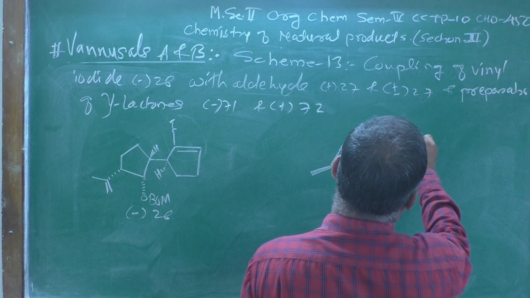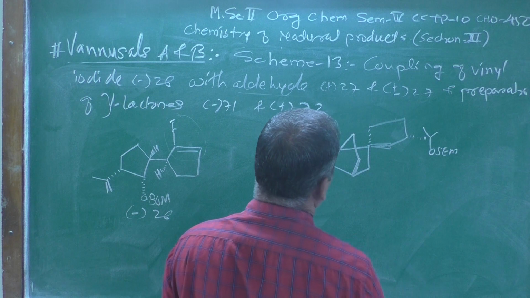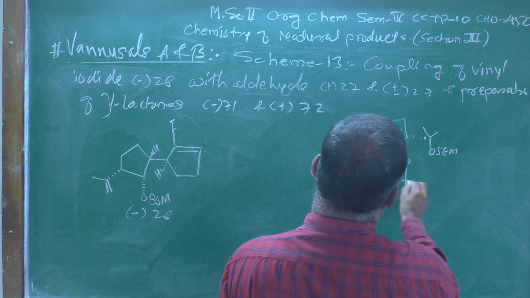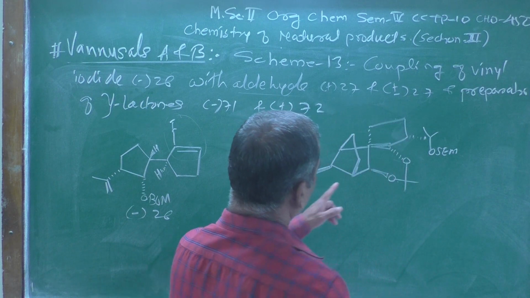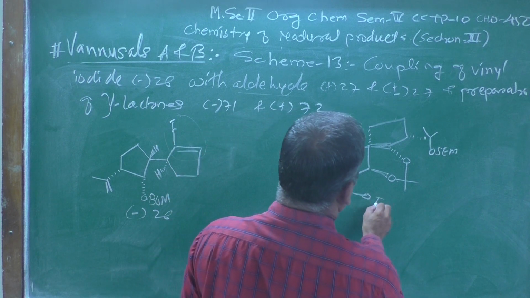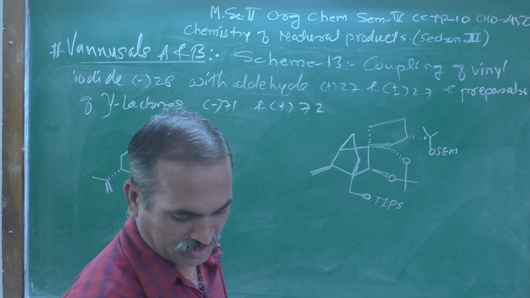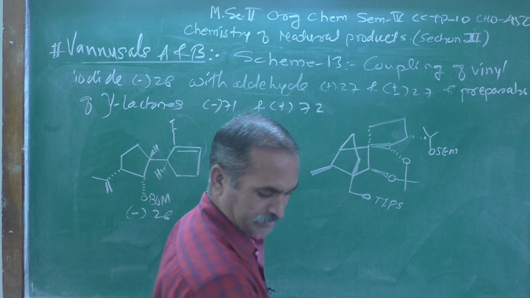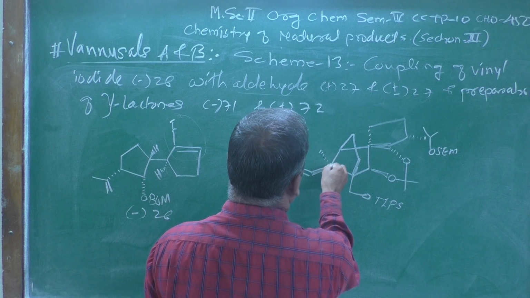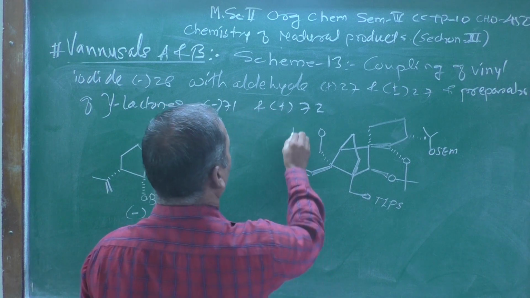Here is a group which is also protected. Now, this group is also protected, 1,3 protection like this, and this group is also protected with TIPS, triisopropylsilyl, and here is an aldehyde group, and one group that goes below the plane, which is also protected with BOM.